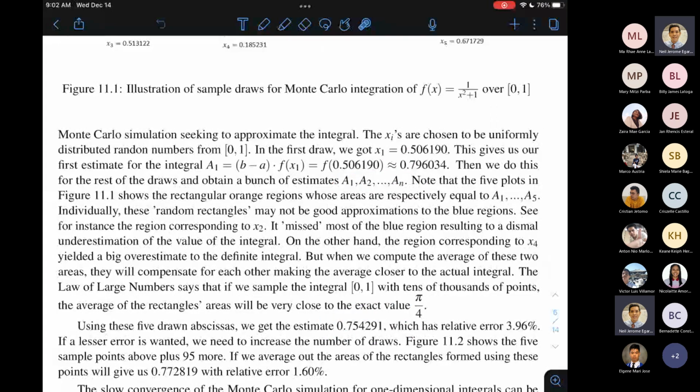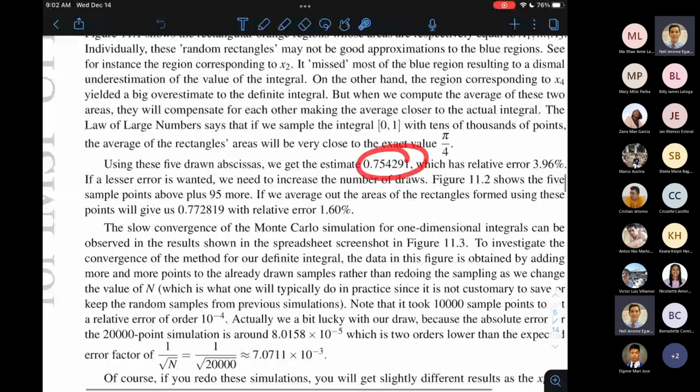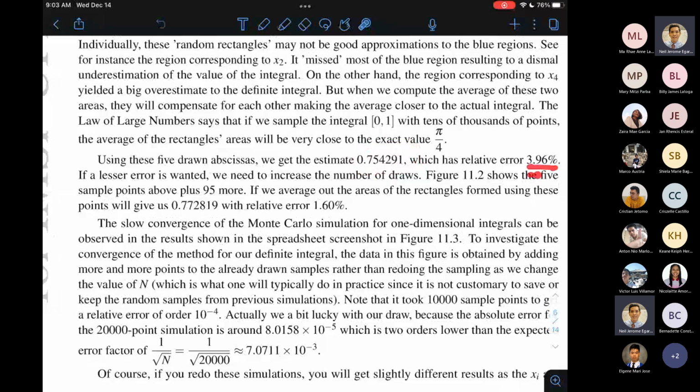Hindi ko pala ni-report yung results sa bawat isang estimate or dun sa bawat isang random abscissa na pinili ko. Pero using the 5 abscissas that we have seen earlier, kinuha ko yung average nila. What I'll get is 0.754291 with relative error just 3.96%.